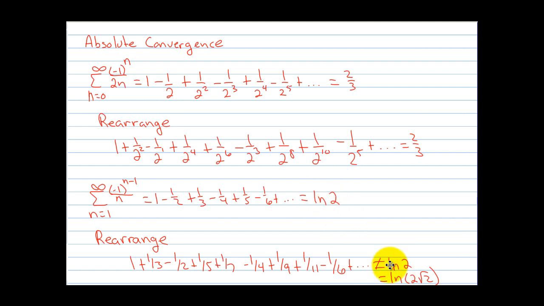It's not the same. It's actually 3/2 times the natural log of 2. This series is only conditionally convergent because if we rearrange the terms, we don't necessarily get the same sum, even though the terms are exactly the same.